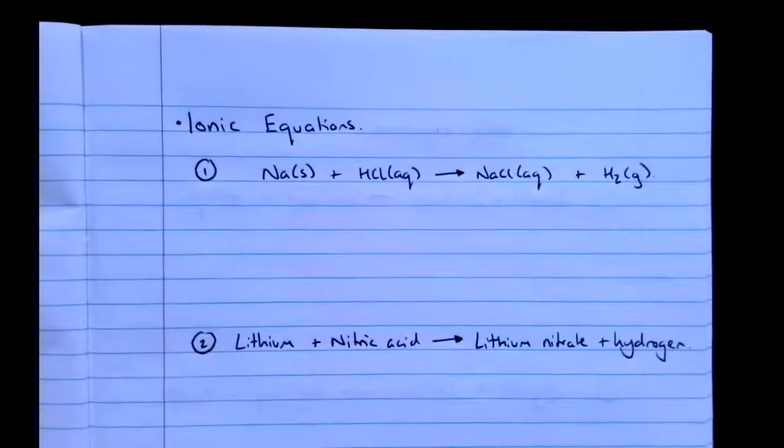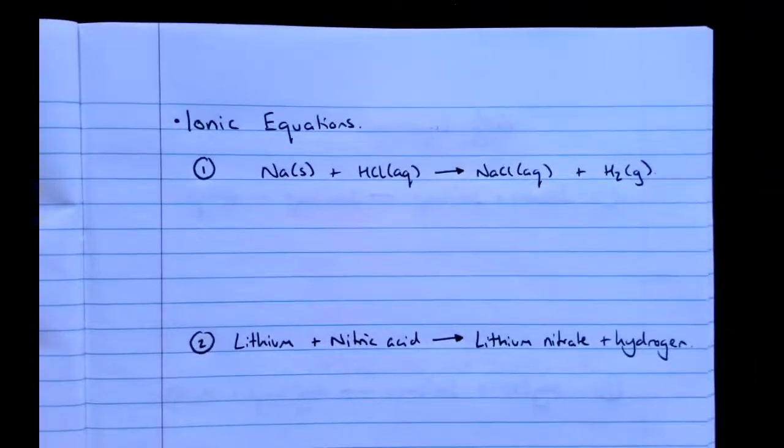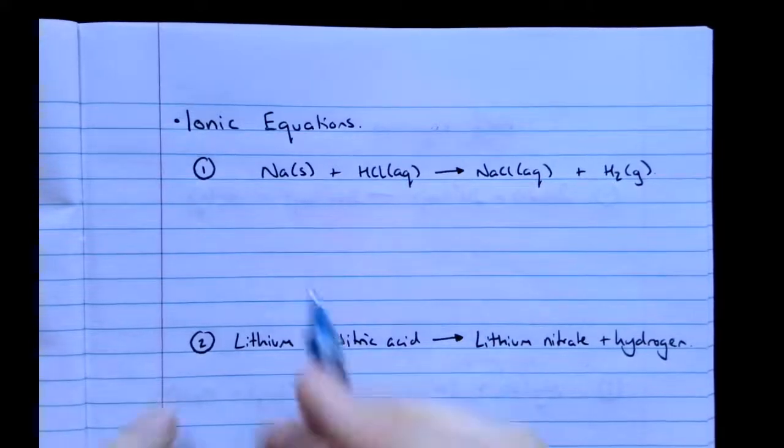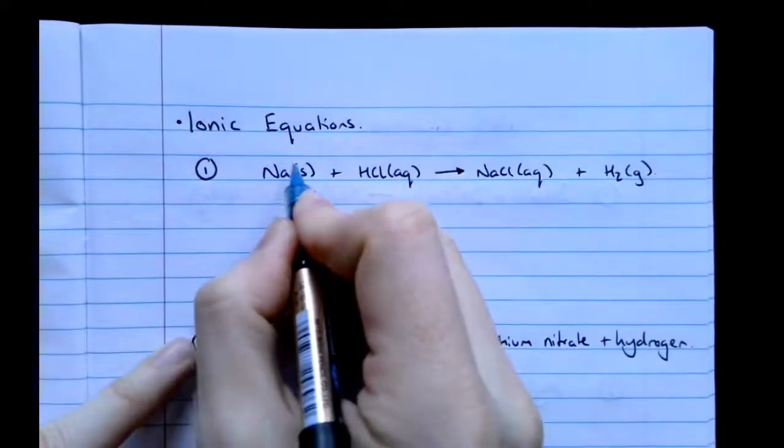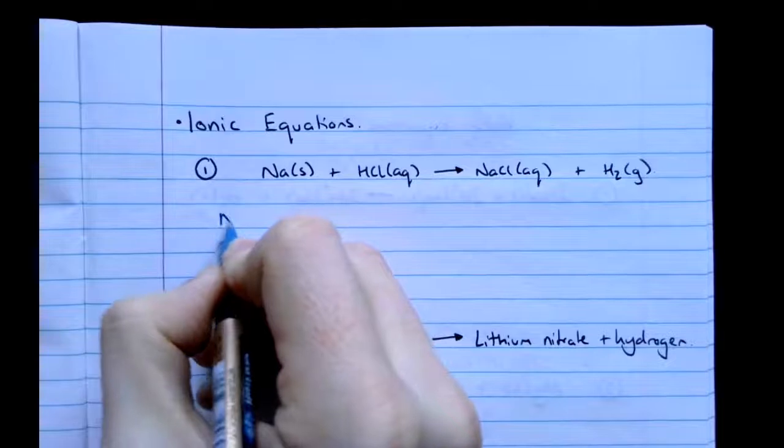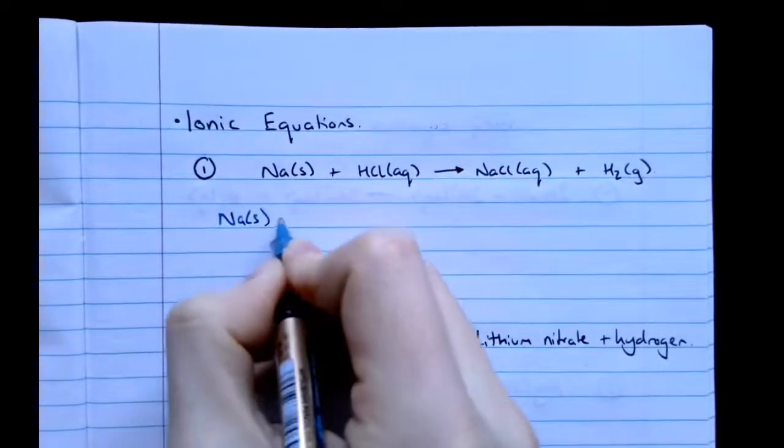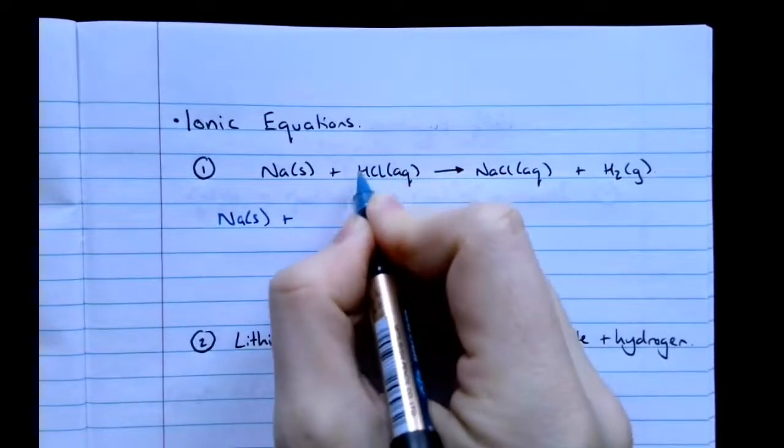Right, so now that we know what happens when our ions can separate, we can now start to look at some of these ionic equations. So, solid sodium metal is exactly that. It's just solid sodium metal. Now I have an acid in aqueous solution.